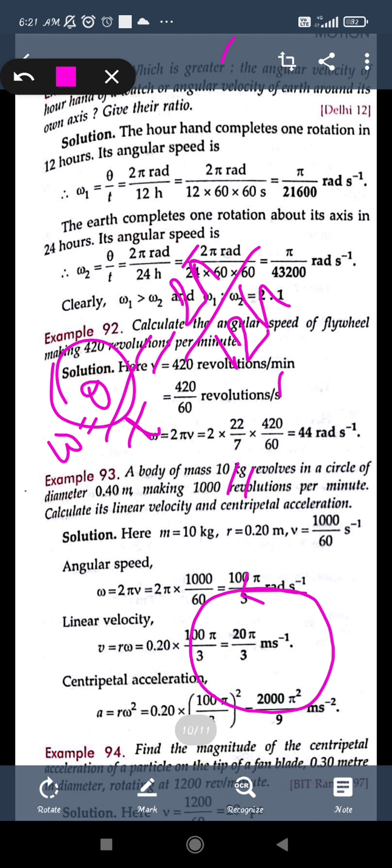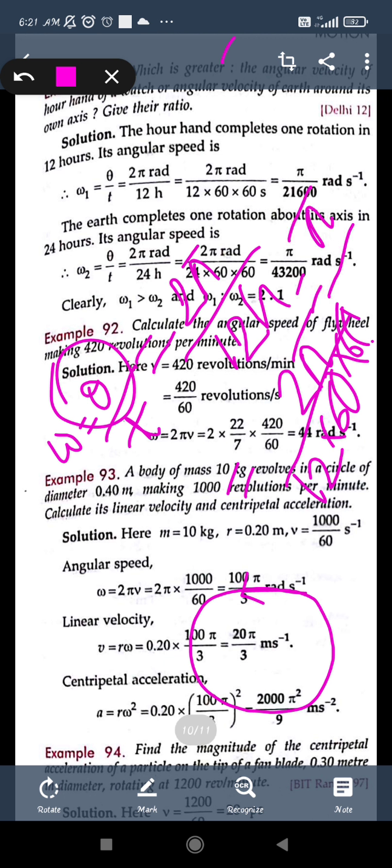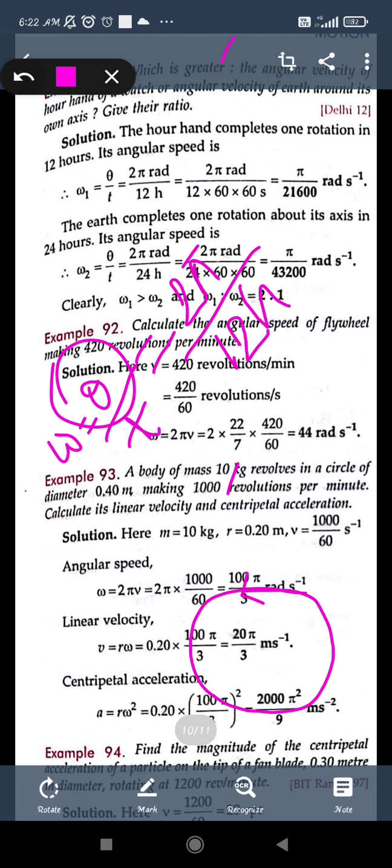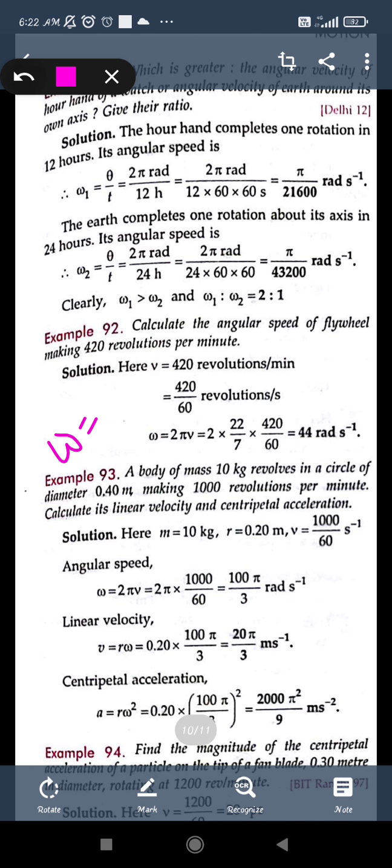For 12 hours, in seconds, it will be 12 into 60 into 60. If we cancel 2, 6 sixes are 36, 36 into 6 is 216 and 2 zeros, so it is 21600, that is pi upon 21600, and the unit of angular velocity is radian per second.